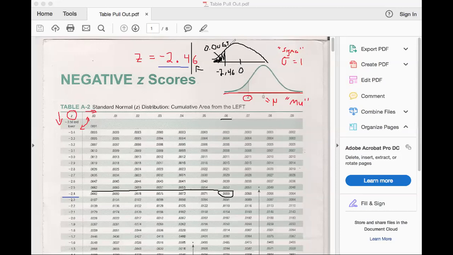That's how much of the graph is colored. That's why they always have a normal distribution labeled 0 with part of it colored. To use this table, you must be colored to the left, always and forever. That's what these values represent. Any questions where I got those values from?